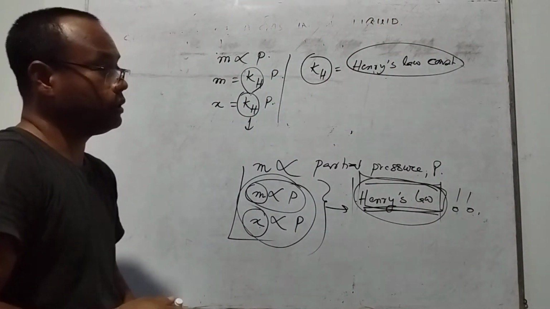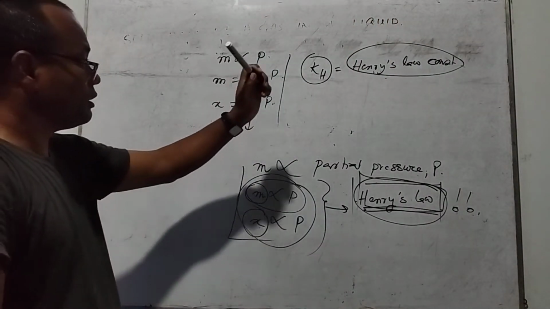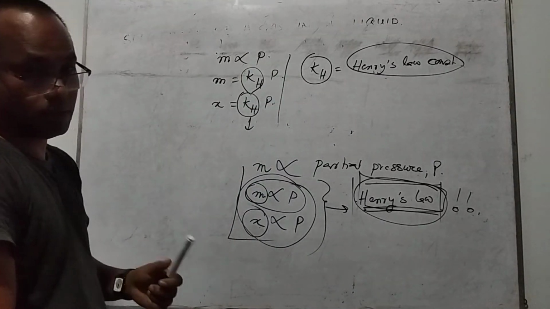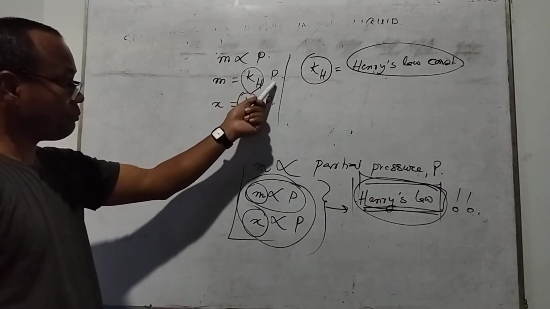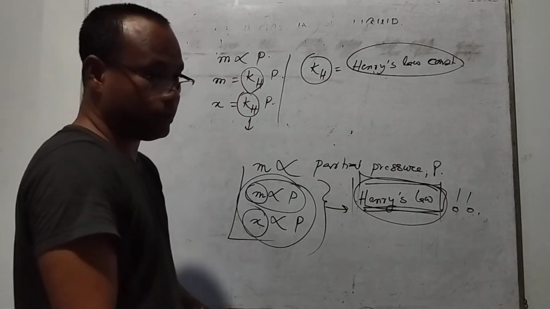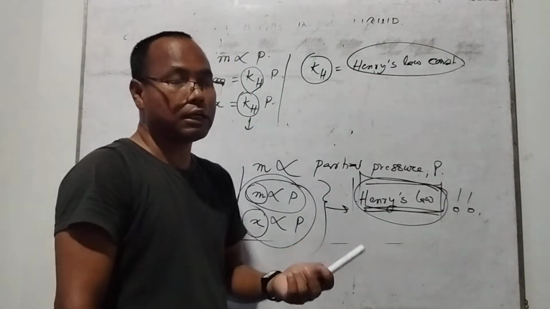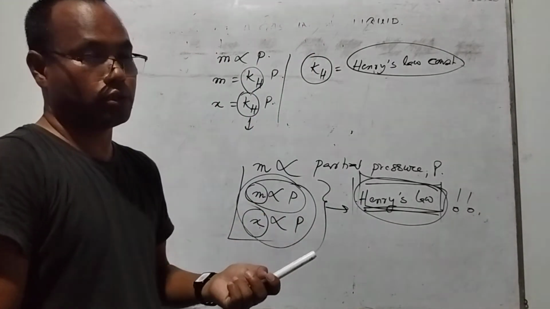Now here I just write, this KH value always depends on the partial pressure, that means pressure, right? You know what pressure is, and what are the units of pressure?